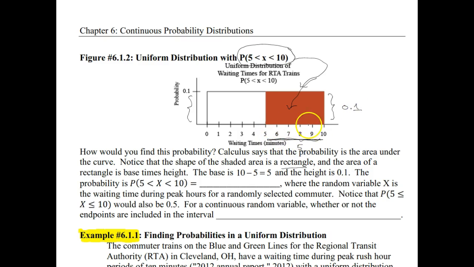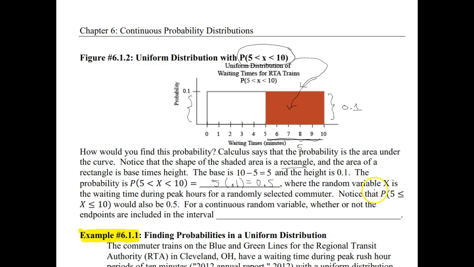So we have a rectangle whose base is 5 and whose height is 0.1. The probability of being in this shaded region is just the base times the height, which gives us an answer of 0.5. Looking at our picture, it should make sense that there's a 50% chance we would be in this interval, because we've shaded half of the rectangle.